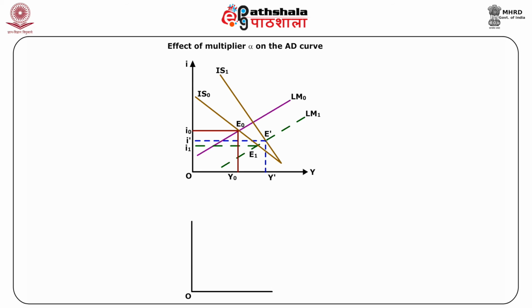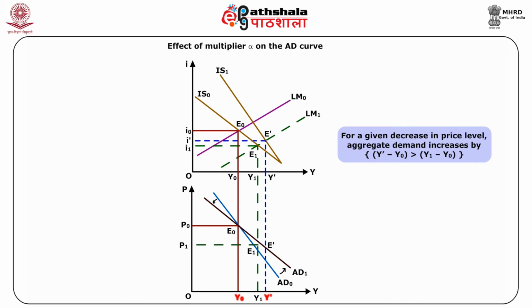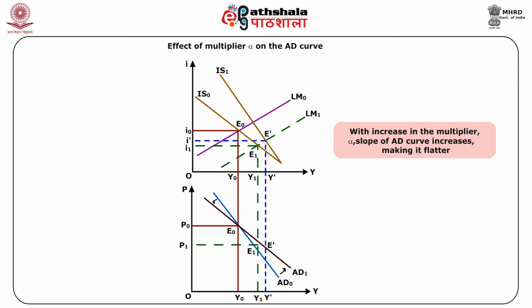In the lower panel of the figure, we see that the aggregate demand curve becomes flatter from AD0 to AD1. For a given decrease in the price level from P0 to P1, aggregate demand increases by Y dash minus Y0, which is greater than Y1 minus Y0. Thus, with an increase in the multiplier alpha, the slope of the aggregate demand curve increases, making it flatter.